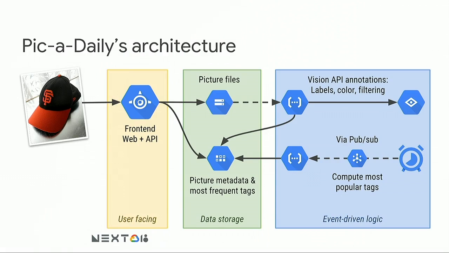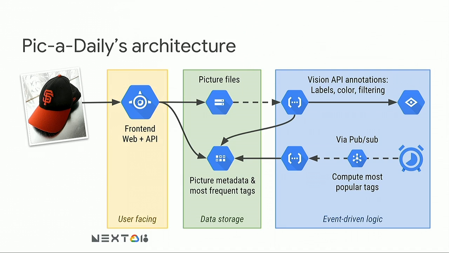Actually, for the few hundreds or thousands of pictures that I have, it's pretty fast. But let's imagine I've got millions of pictures, and if I have to go through all those pictures, the query might take a little bit more time. So instead, I'm taking a snapshot of the most frequent tags that I'm storing again in Datastore. That way, I don't have to do the costly operation. I just have to do a simple read operation in the Datastore rather than going through all the results.